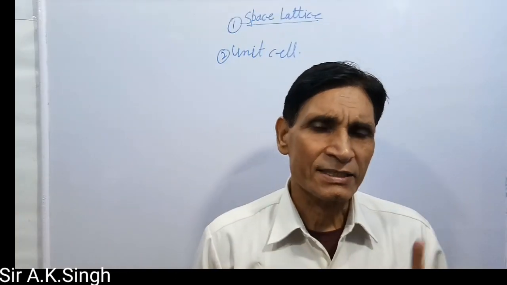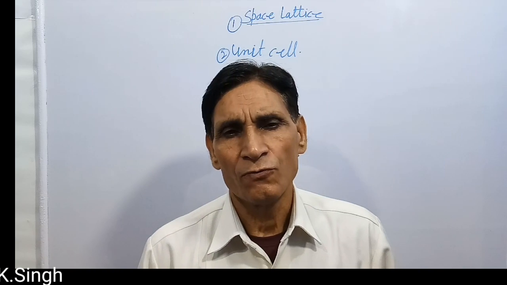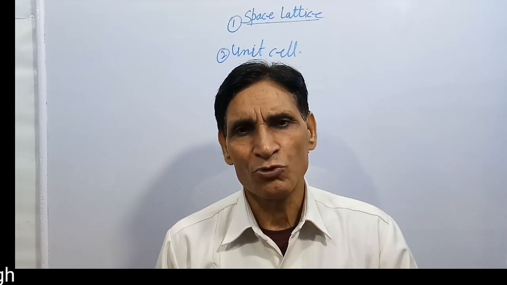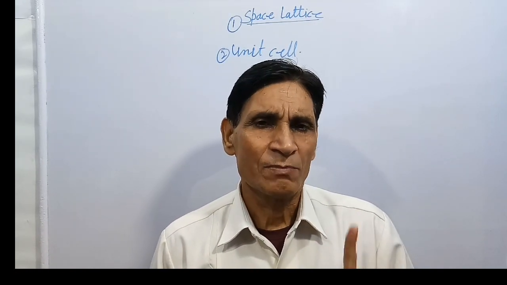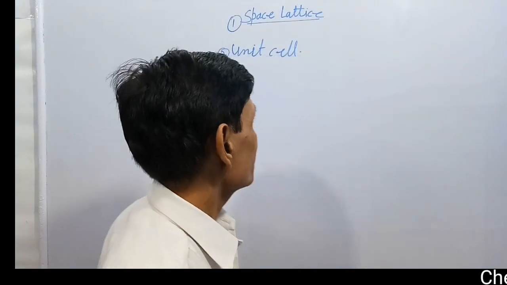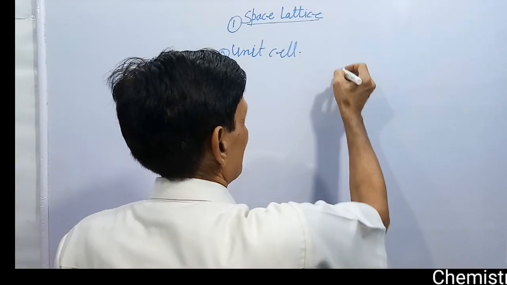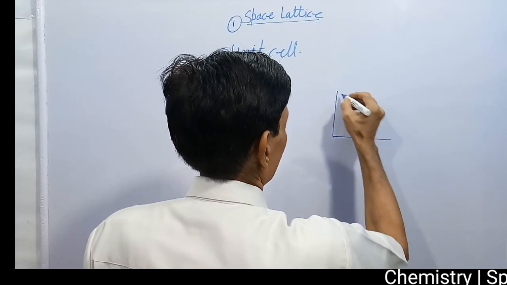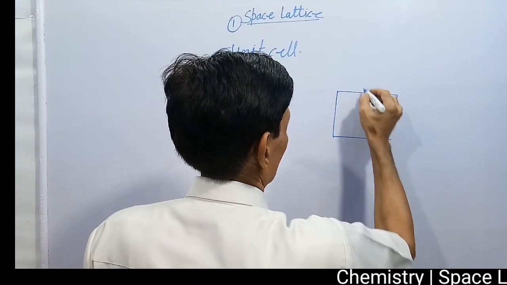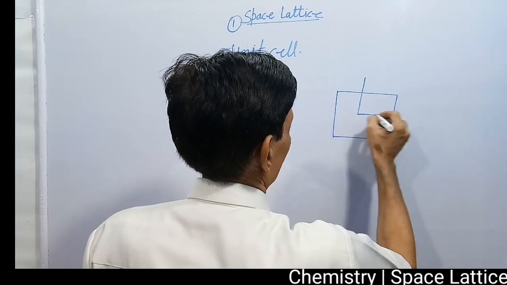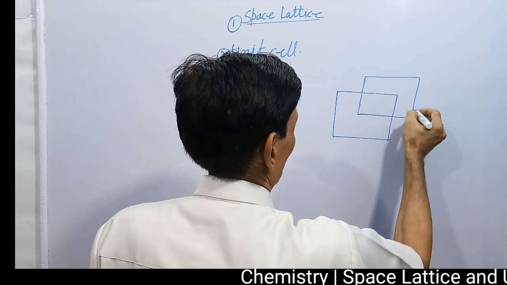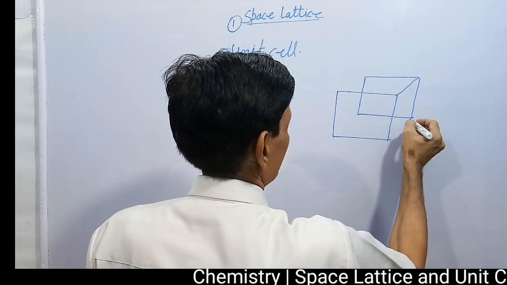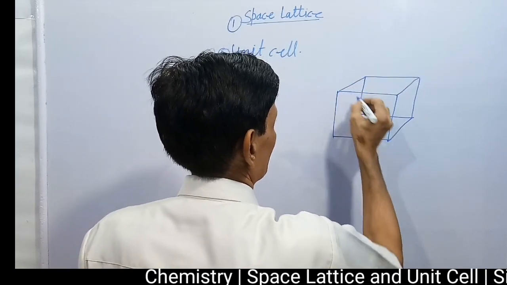Now, characteristics of unit cell. First characteristic: unit cell is characterized by axial distances. What are these axial distances that I am showing you?